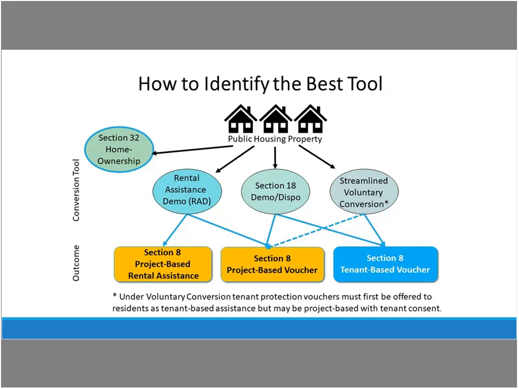And then streamlined voluntary conversion is the type of repositioning option which is more focused on the resident and mobility, less focused on preservation of the building by virtue of its rules and the standing which it provides for existing residents.